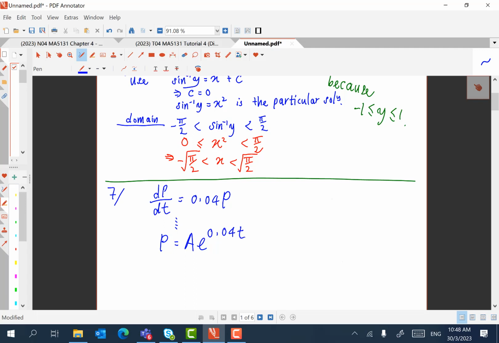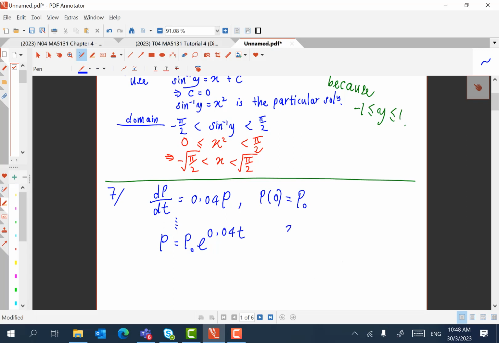If you do your sums, you will get to this line. In fact, I'm going to change the A as P naught, assuming that when time t is 0, P is P naught. I am sure that by now, for number 7 kind of question, you know how to solve the equation to quickly get to this.